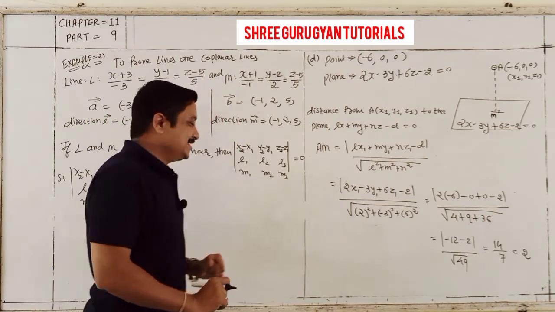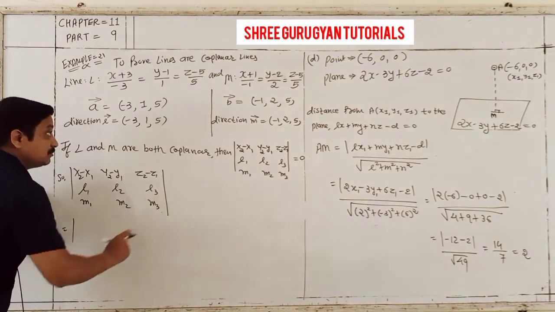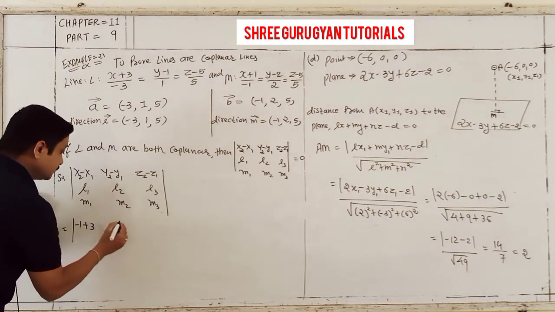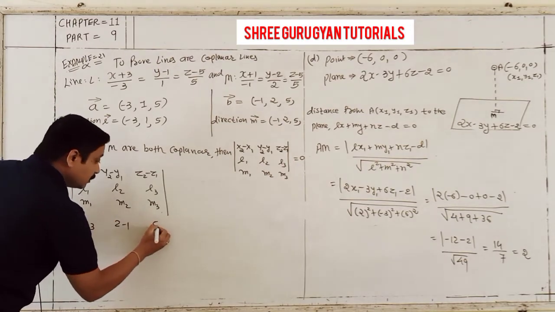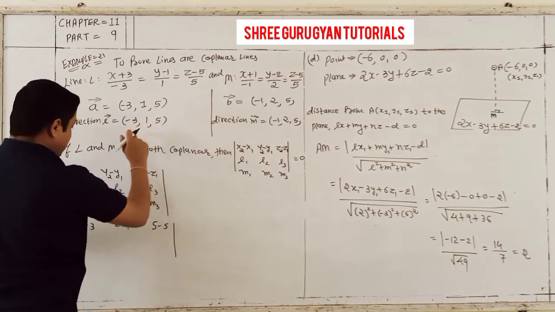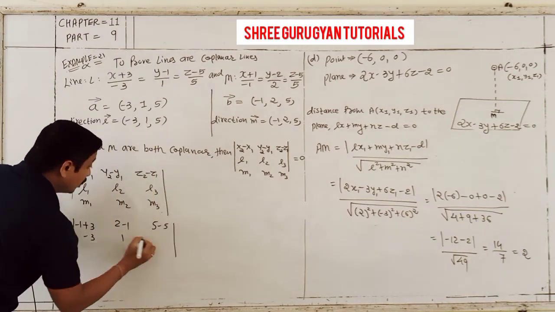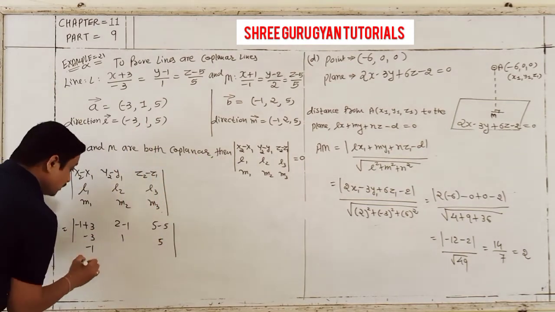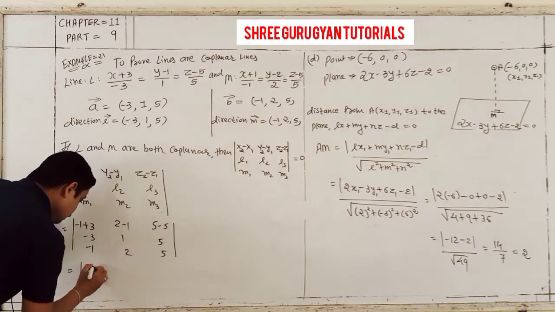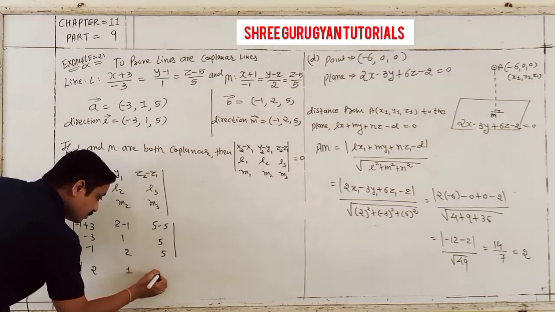The answer is 0. So x2 minus x1 means minus 1 minus 3, it means plus 3, 2 minus 1 and 5 minus 5. Now, students, l1, l2, l3 means minus 3, 1, 5 and last minus 1, 2, 5, and you create your answer. It is 2, 1, 0.